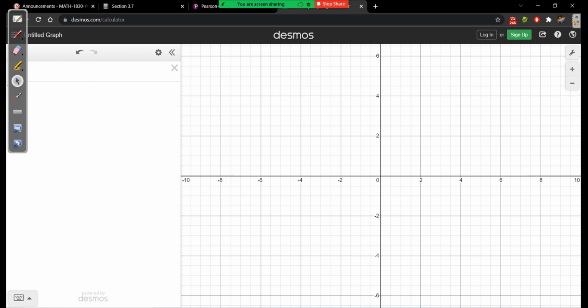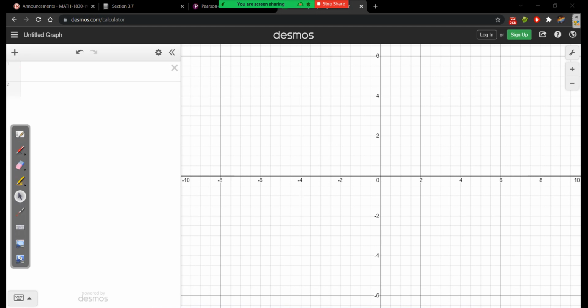All right, so I'm just simply at desmos.com, and from here we're going to first move this table, move it here, I guess. We're going to hit the plus sign here and make a table, and in the table we're going to mark those points that we've seen before: 12, 14,500, and 18, 10,750.